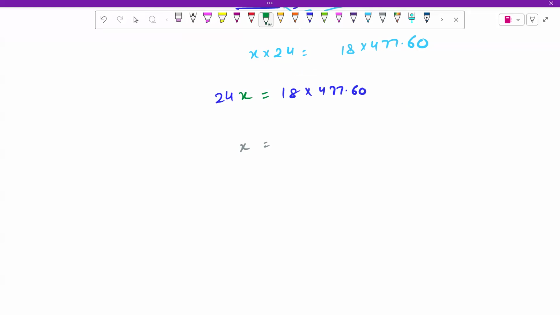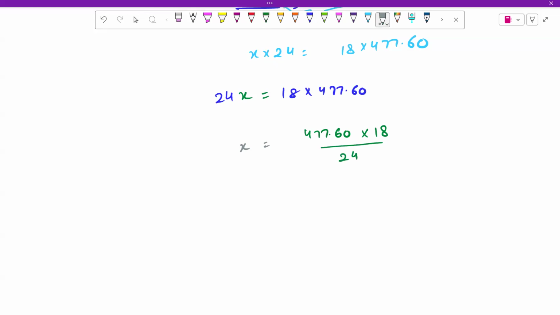Can you tell me step by step what are the numbers I should write now? 477.60, and then multiply by 18. And then you get the answer, divide by 24.